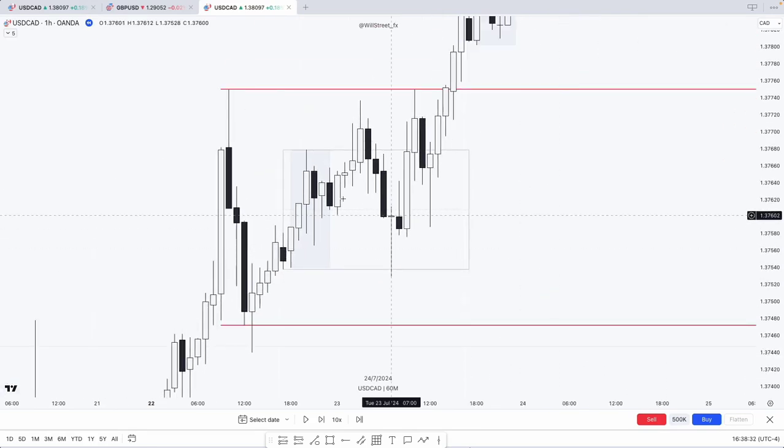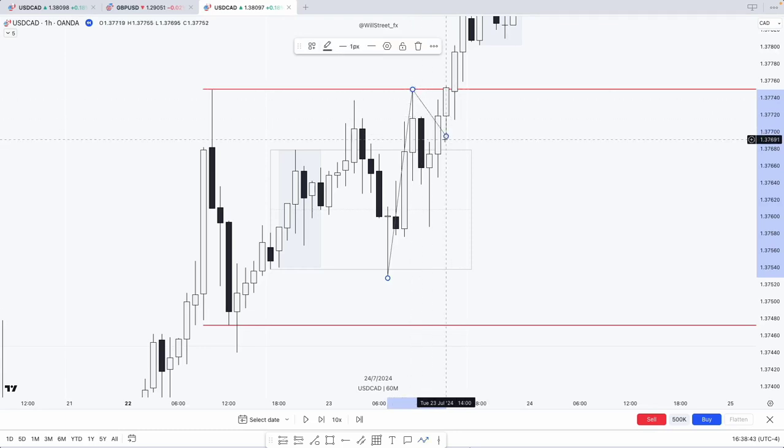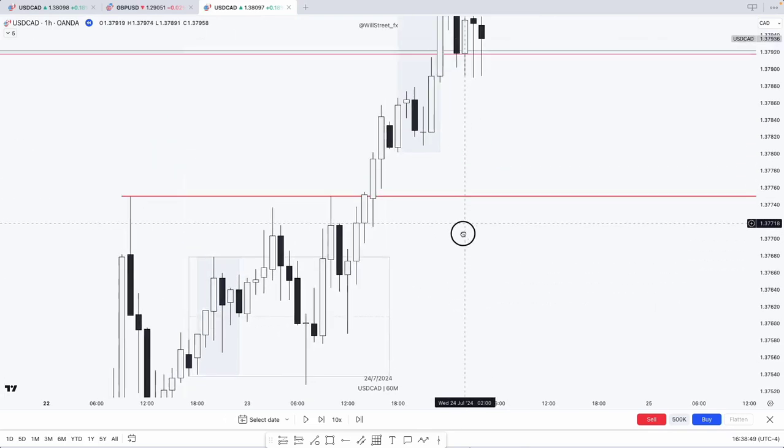What I say, most of the times this happens on London. It makes the retracement, and then New York the continuation higher. Look at this. What happened here? It fails, so we already know that this is just a retracement to go higher.